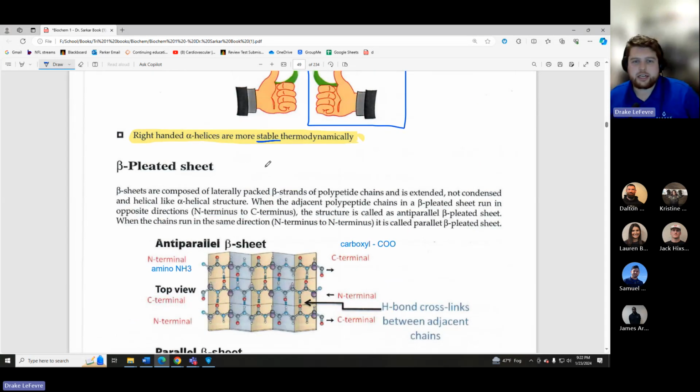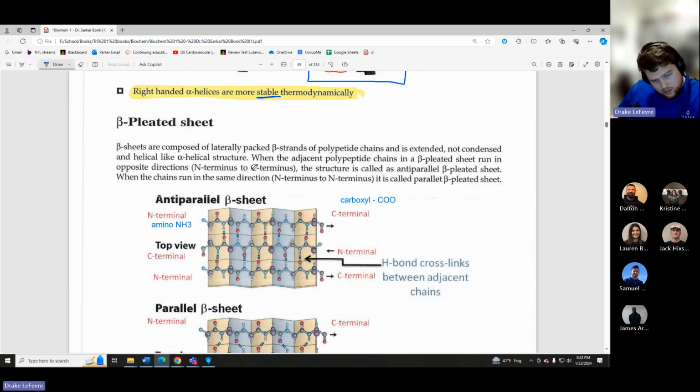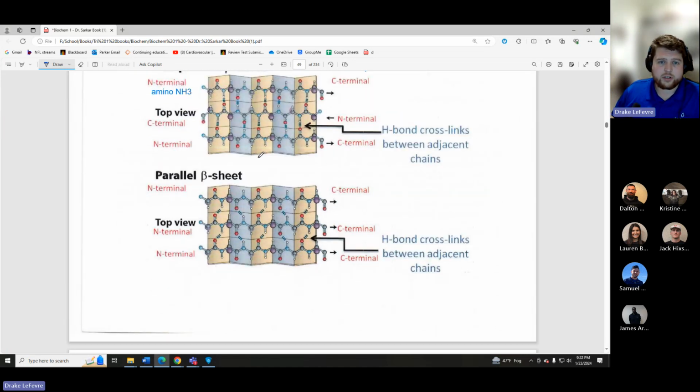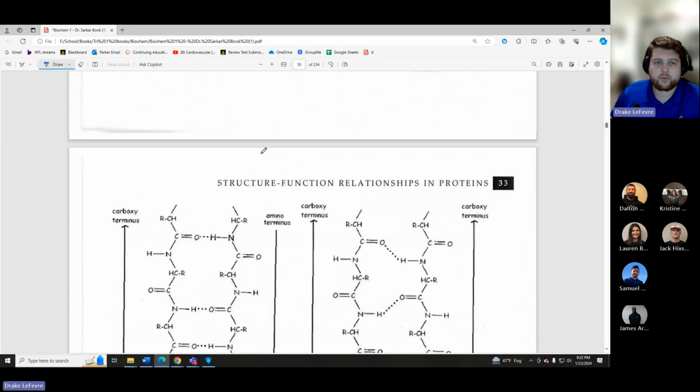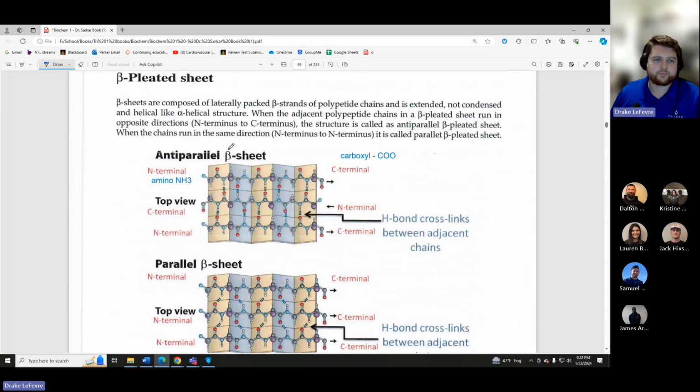Beta pleated sheets. Here we have a couple of different forms of this. Remember, we talked about how our polypeptide chain had the amino end and the carboxyl end. However this forms, you can have a couple of different types. You can have the anti-parallel.